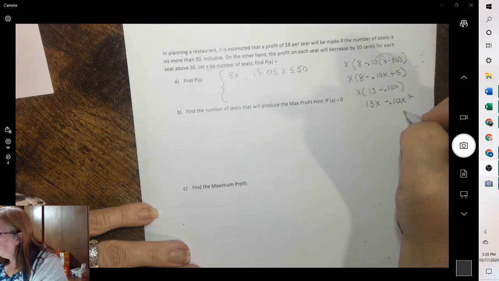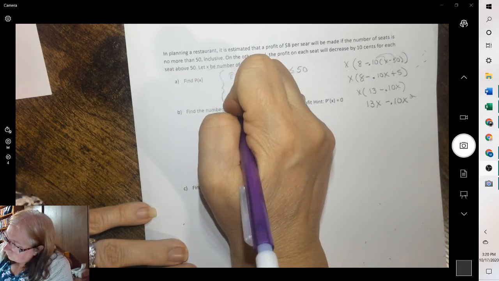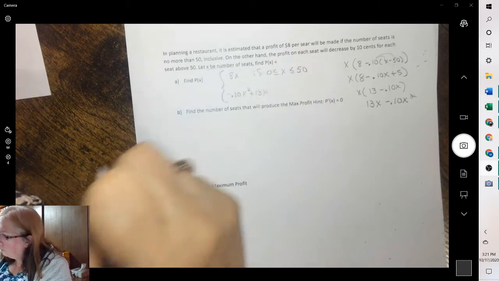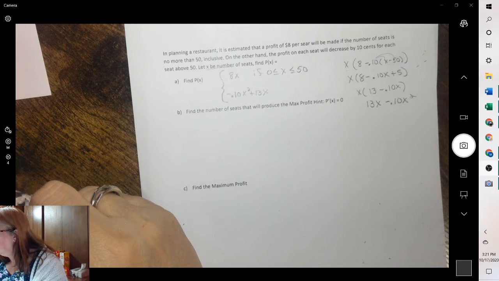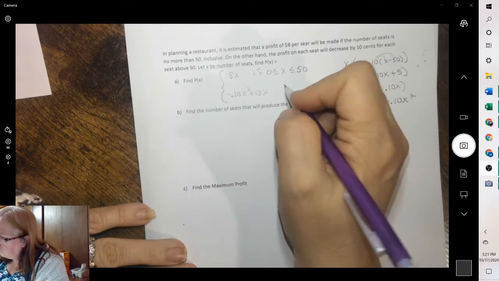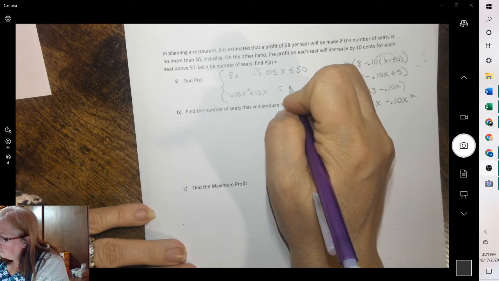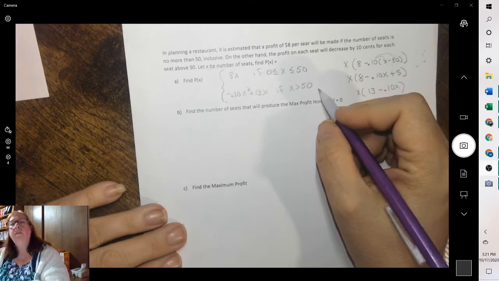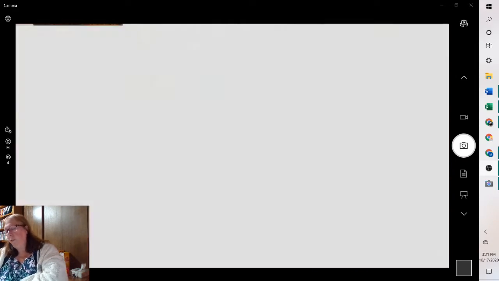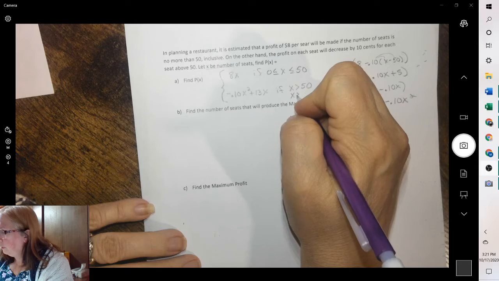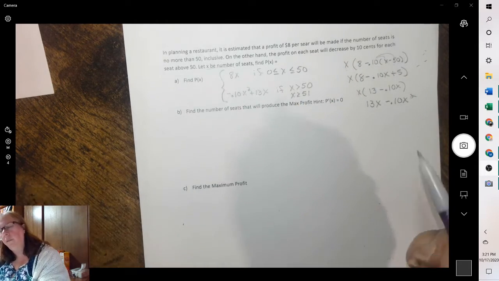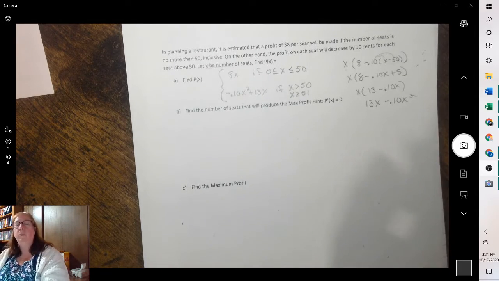And this would be our equation, and that's if x is greater than 50. Now, if you want to get an endpoint, you could. That would mean it has to be greater than or equal to 51, because it's whole numbers, not the decimals in between.